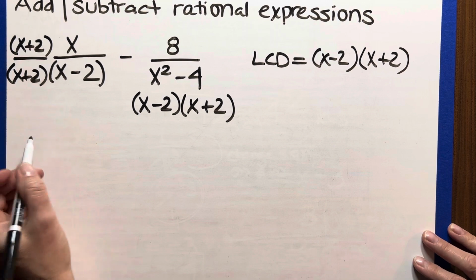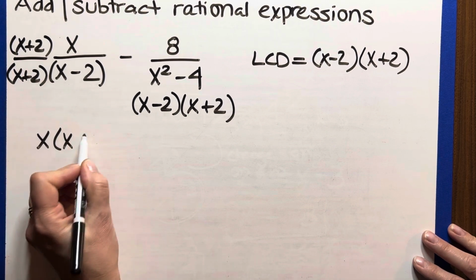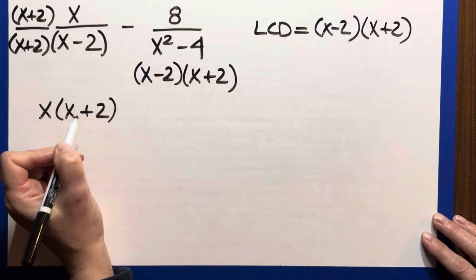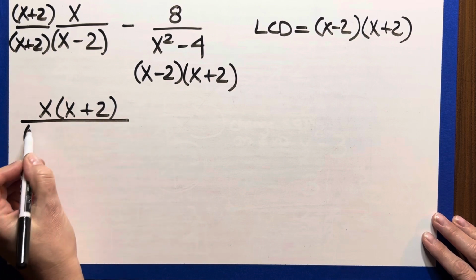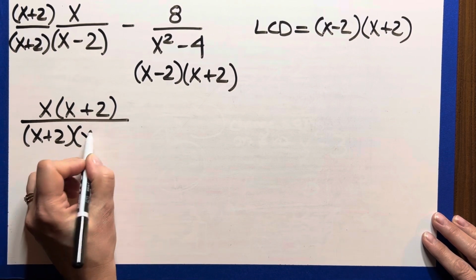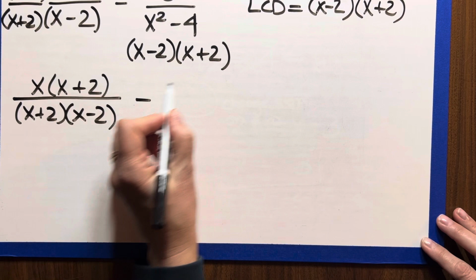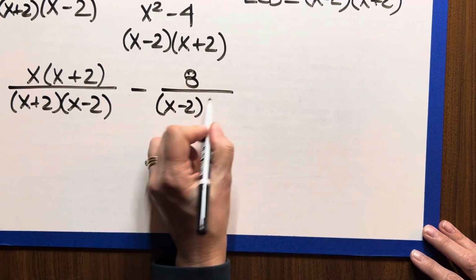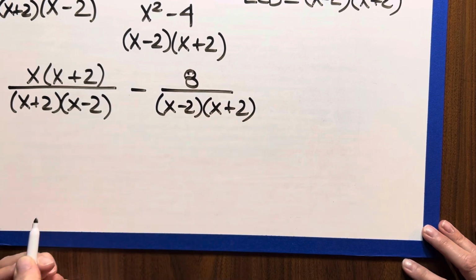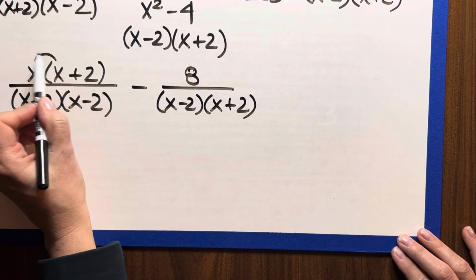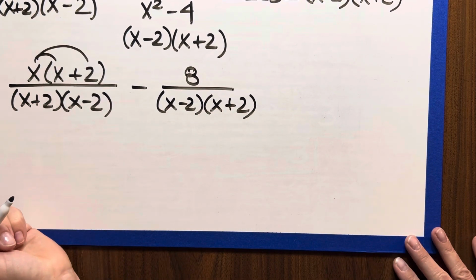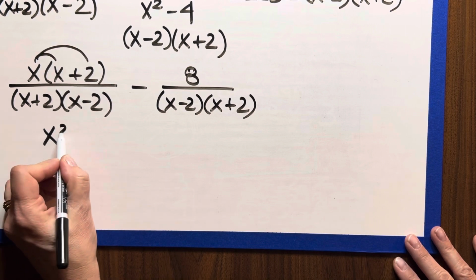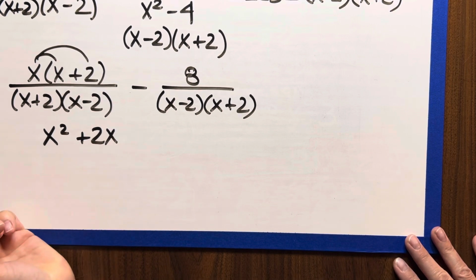So now I've got x times x plus 2 here. I now have the x plus 2 and the x minus 2. The second fraction is going to remain exactly the same. So now I'm going to distribute through here, and I get x squared plus 2x.